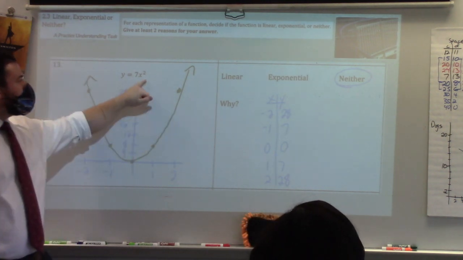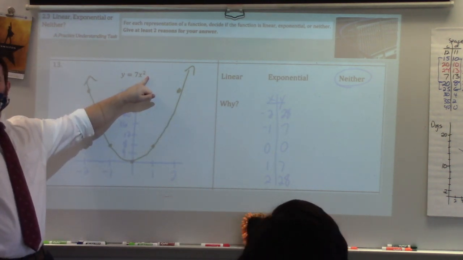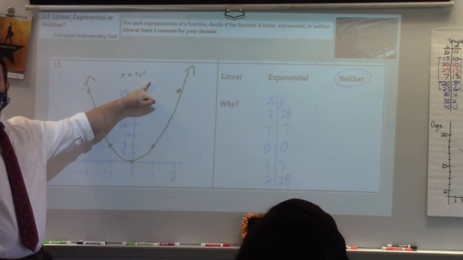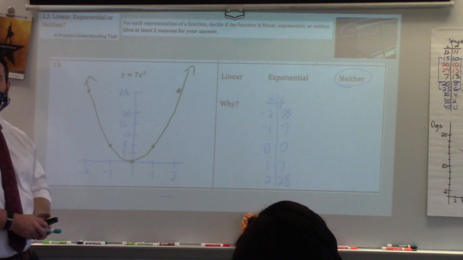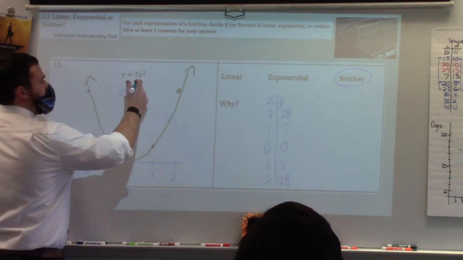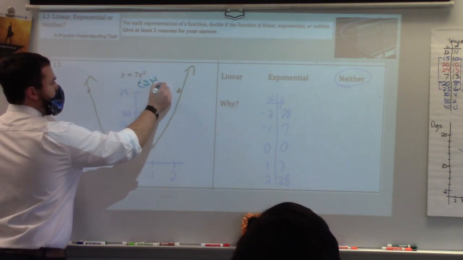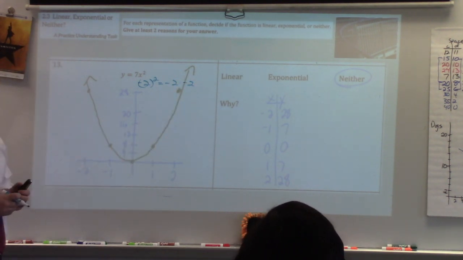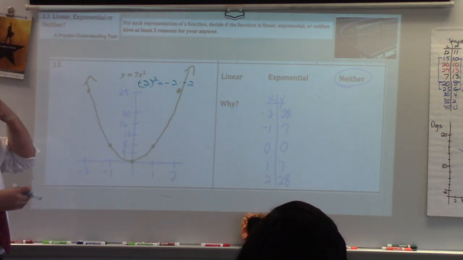Like -2. What is -2 squared? It's a positive 4, right? What's 7 times 4? 28.